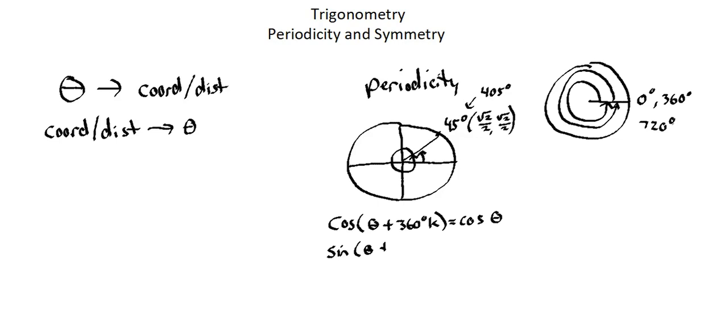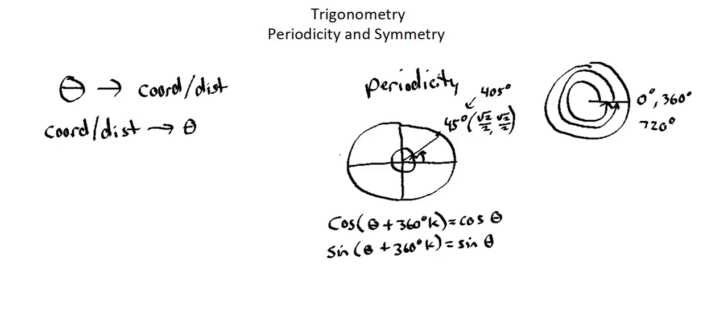We also see this is true for sine. Sine of the angle plus 360 degrees times k, multiple of revolutions, equals the sine of the angle, as we see here. At 45 degrees and at 405 degrees, we have the same values for cosine and sine.